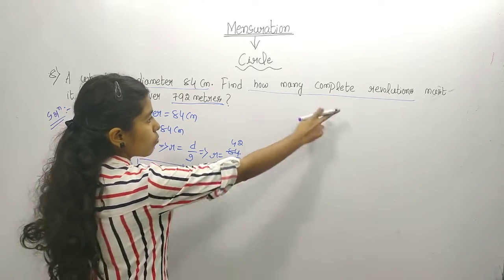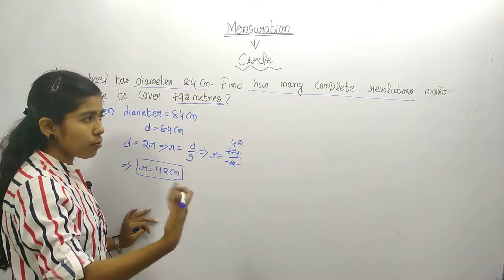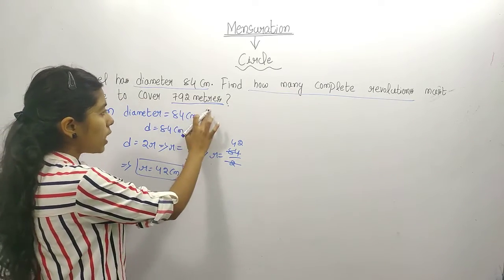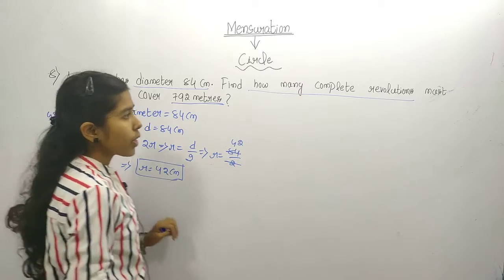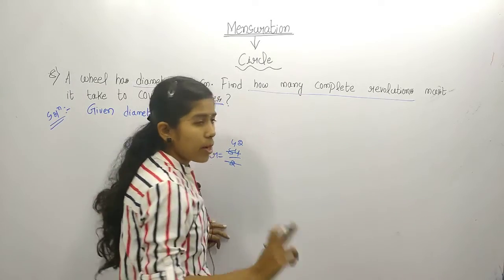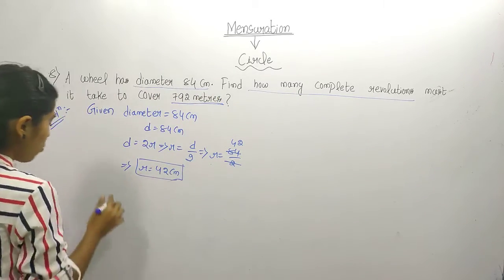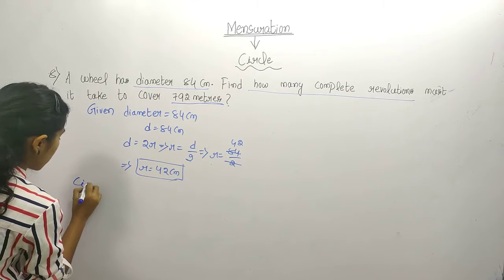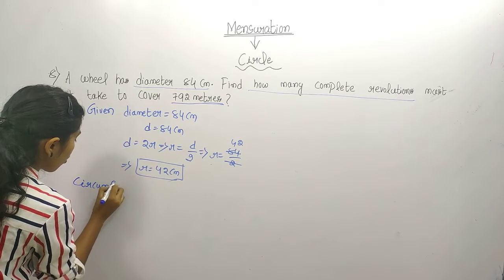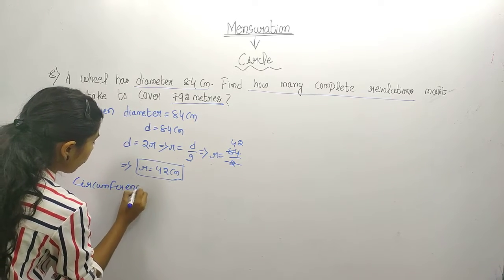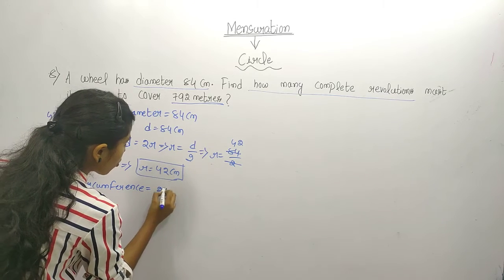Now what you have to find is how many complete revolutions for 792 meter. First we have to find the distance for one revolution, so you have to find the circumference. Its formula is 2 pi r.